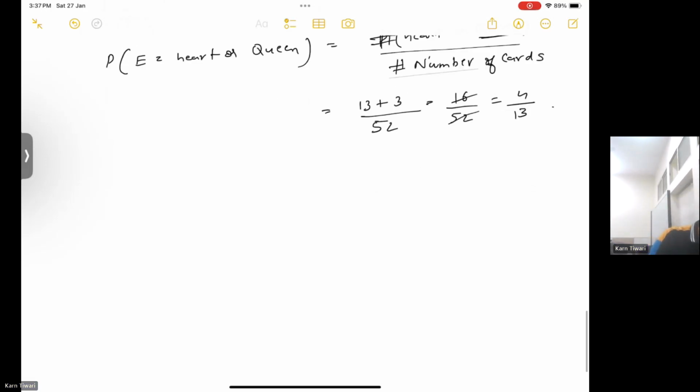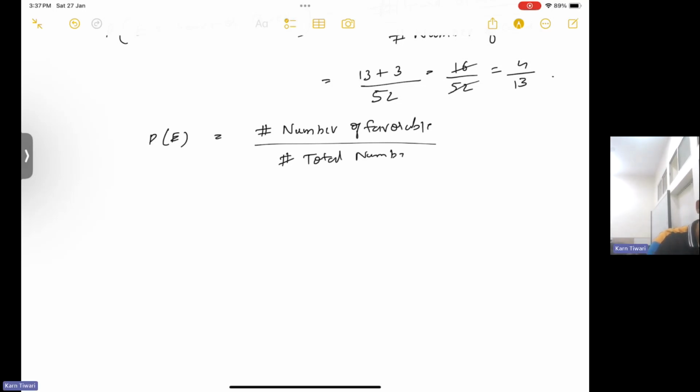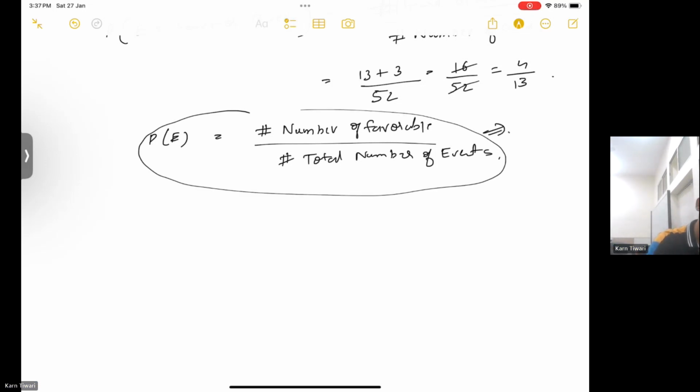So in simple words, to calculate the probability of an event E, you just need to find the number of favorable events, in which you want, in this case it was the heart or the queen, divided by the total number of possibilities, the total number of events. Okay, so this is a simple probability. If you have any question, feel free to ask.